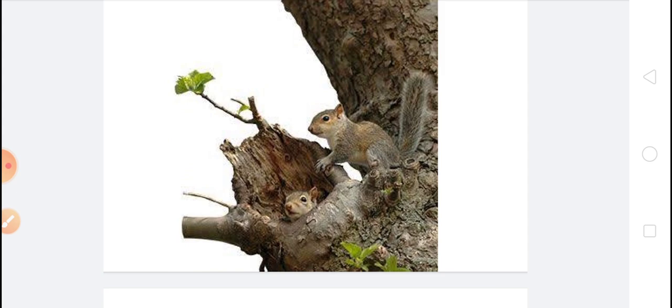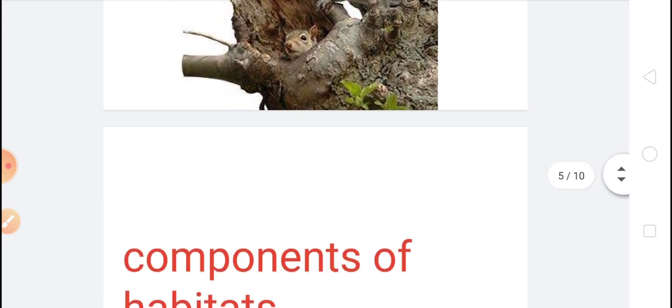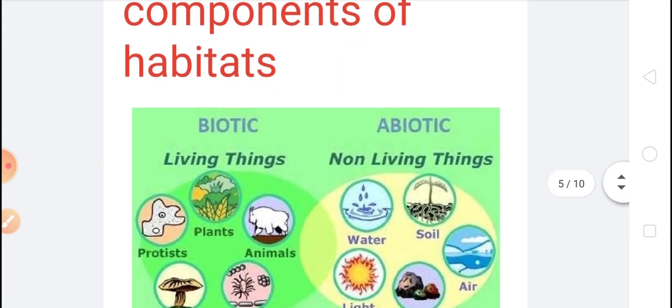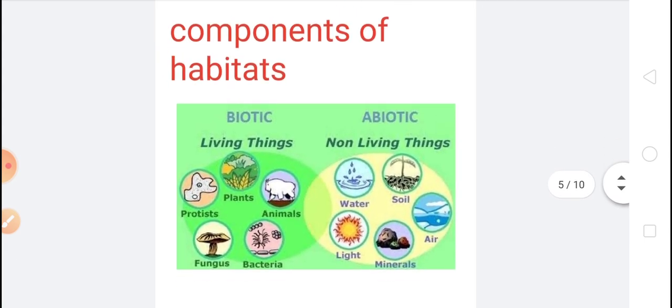Okay. Now let's learn more about the components of habitat. Children, I have already told you there are two types of components of habitat: biotic components and abiotic components.